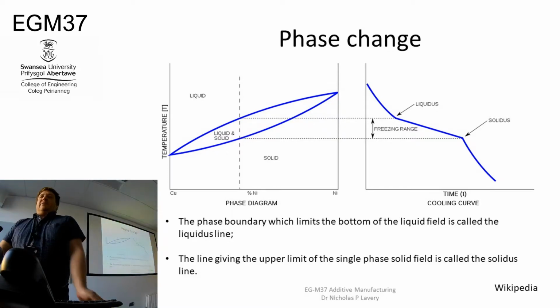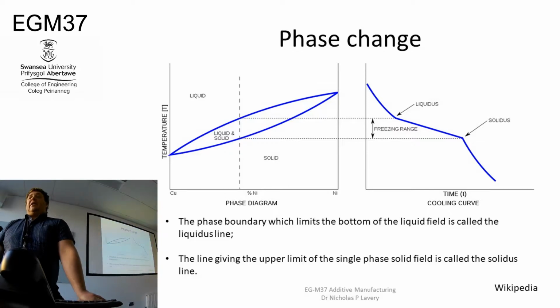So if you have an alloy, and this is a very simple alloy, copper nickel, with the copper nickel phase diagram you've got a very simple phase diagram which looks a bit like a lens shape. This is about the simplest phase diagram you can have. So when the nickel content is 0, we've got the copper melting point.